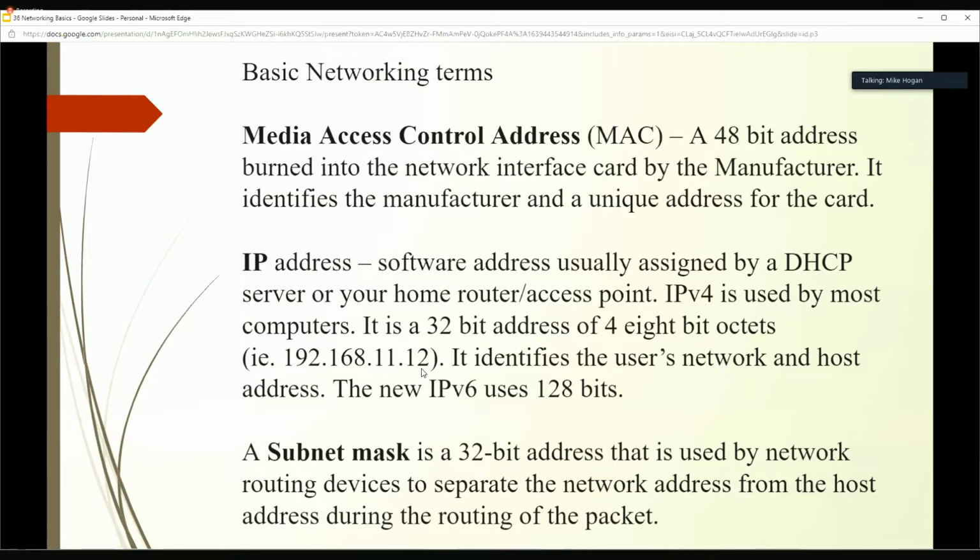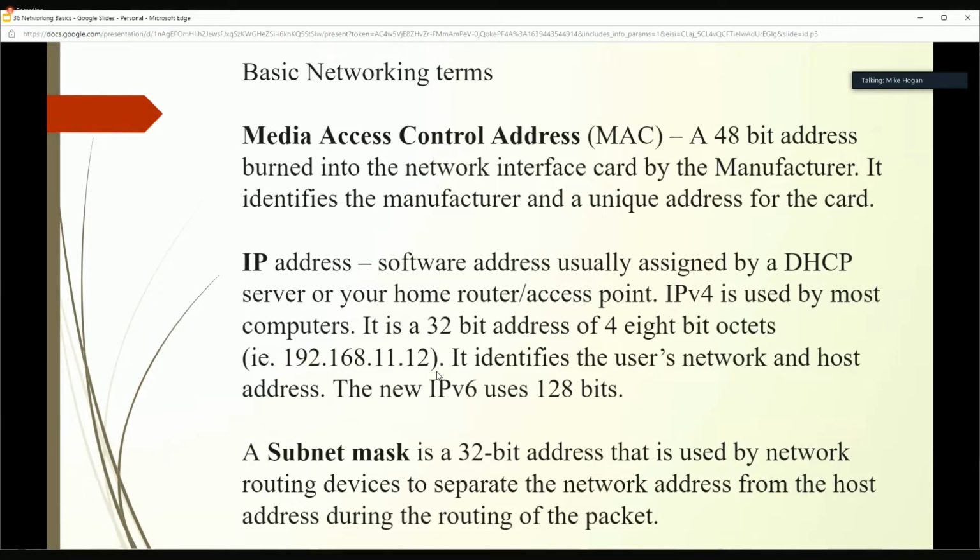So this could be dot 10, it could be dot 13, dot 15, dot 240, whatever you want it to be, up to the maximum here, which would be 255.